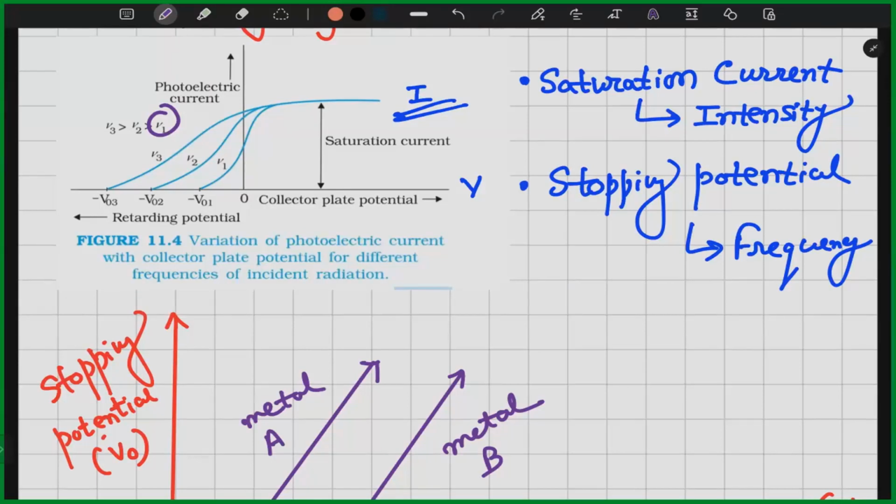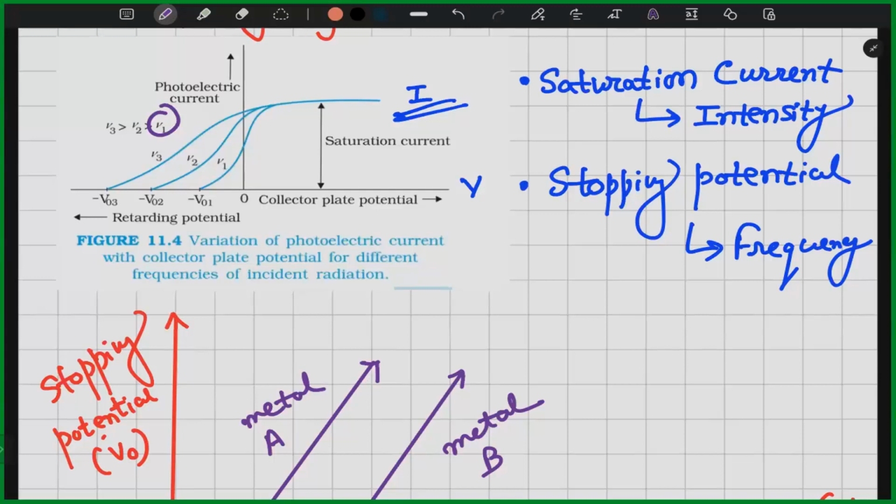But if we apply a sufficient amount of potential, all 100 electrons will reach. In the second case, 50 electrons are able, but due to that potential, all 100 electrons can reach. So in all cases, at saturation current, all 100 electrons are contributing. So that does not depend on the frequency.